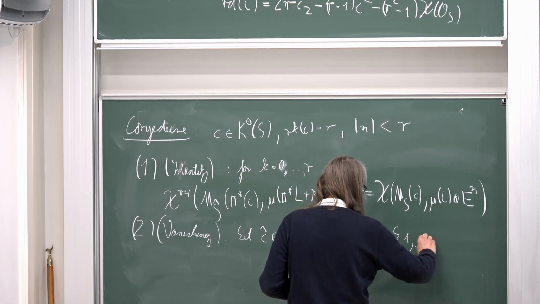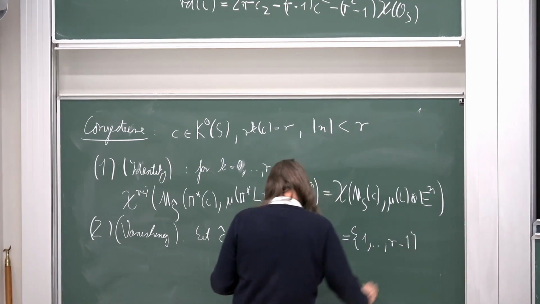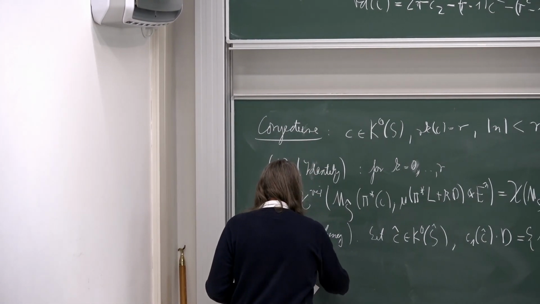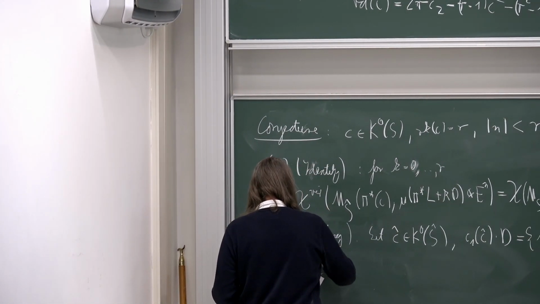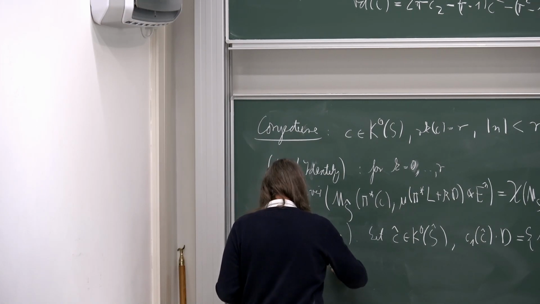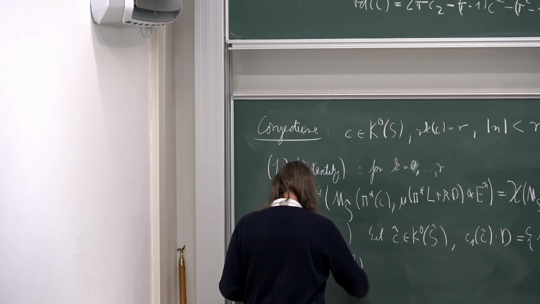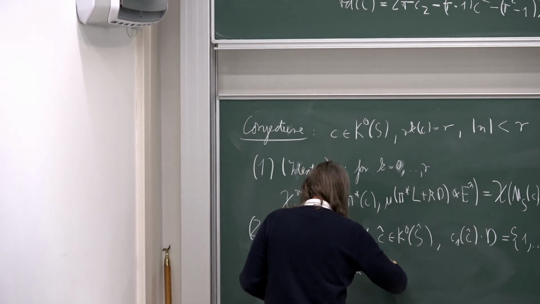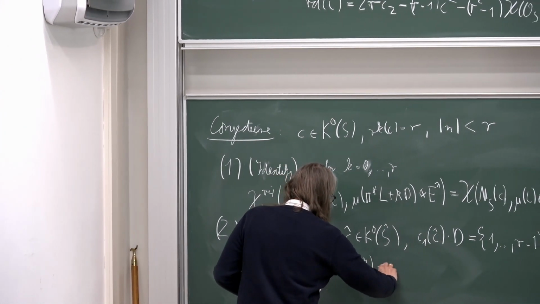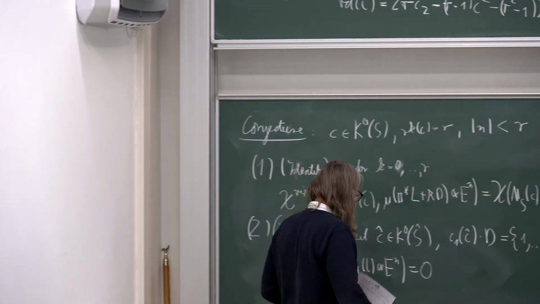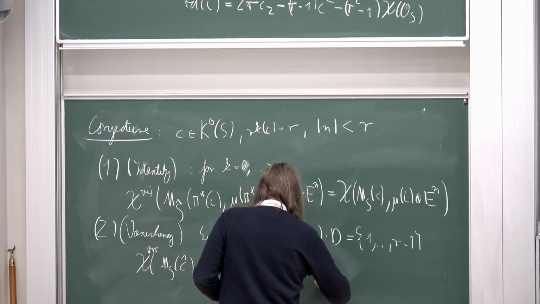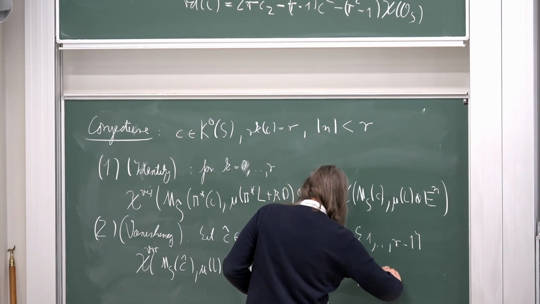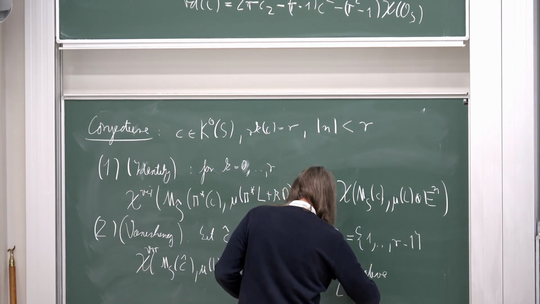I don't want to be so precise with the statement, but if I take now the virtual holomorphic Euler characteristic of this moduli space, mu of L tensor E to the n, this will be equal to 0 for small negative intersection L times.